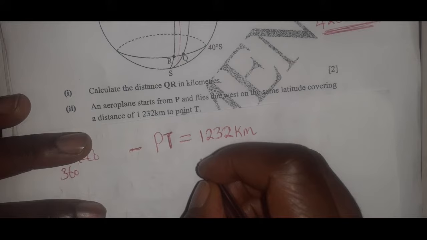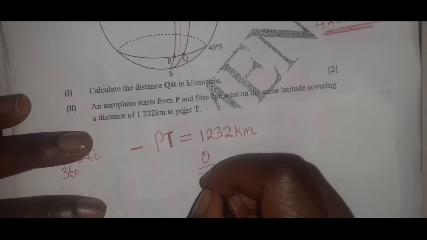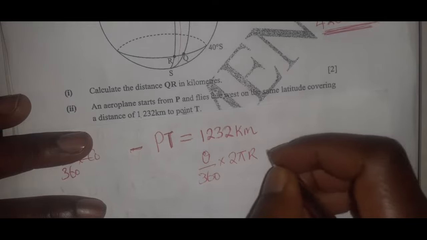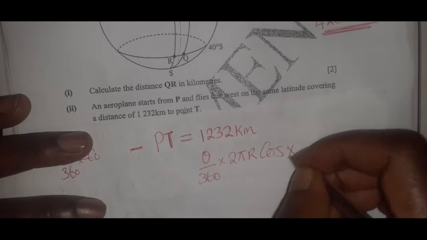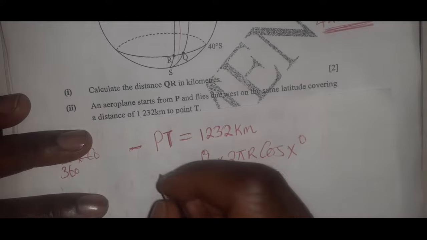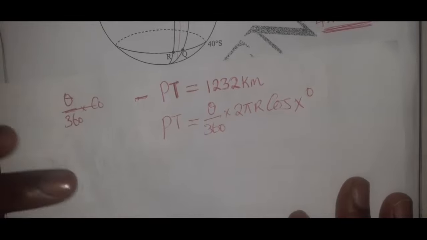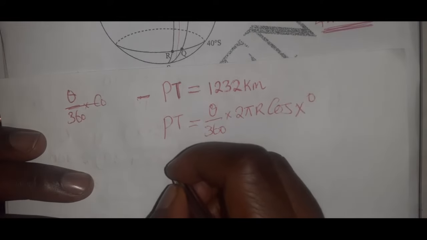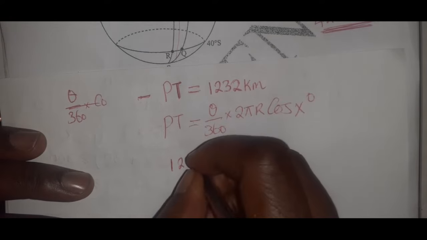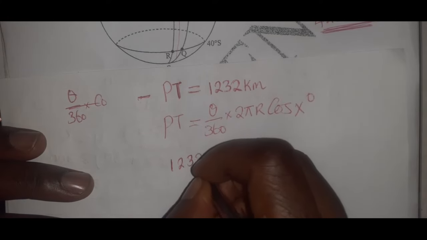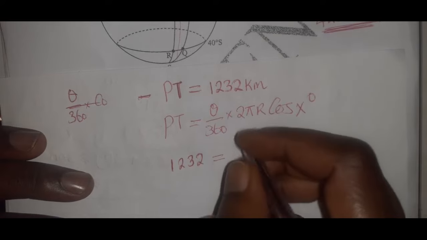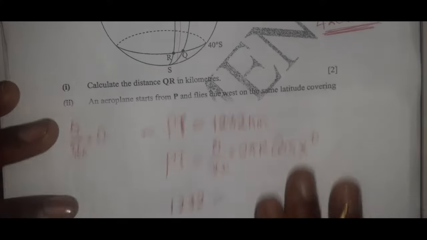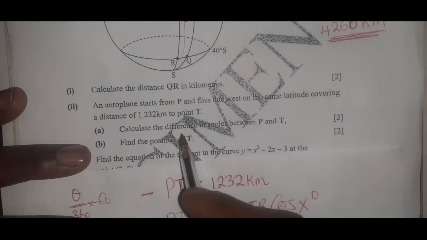Now we go to our formula: theta over 360 multiplied by 2 pi r cos x equals PT, which is 1,232. Theta is what we are looking for, the difference in angle.